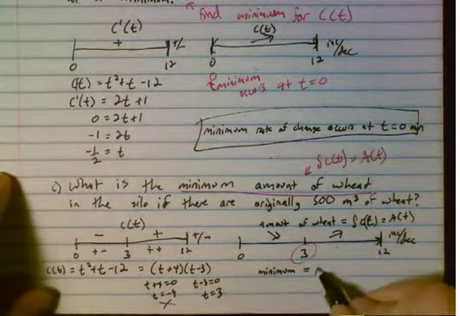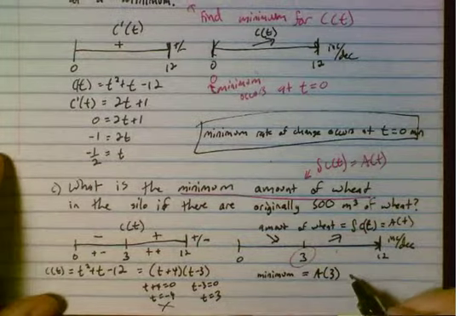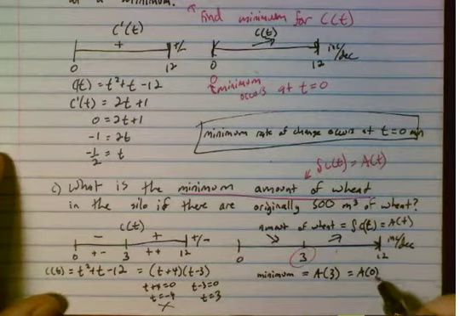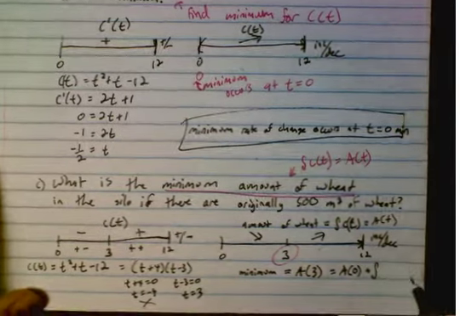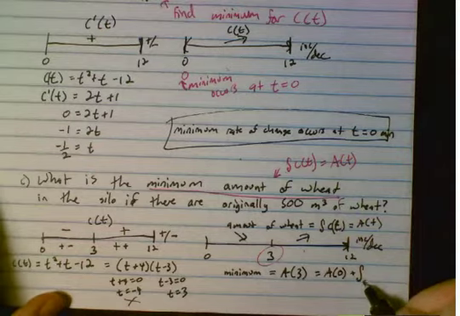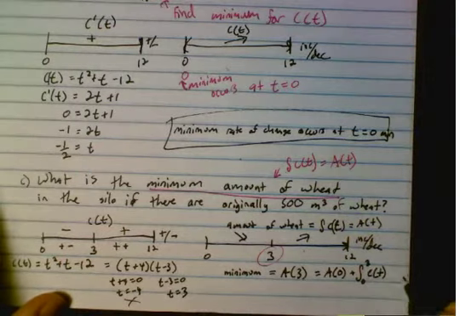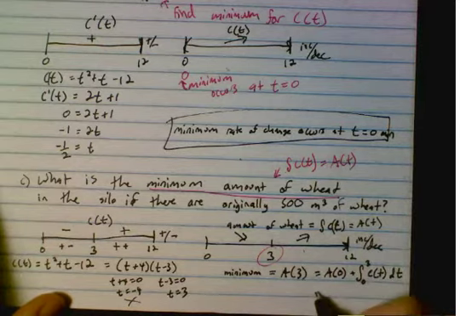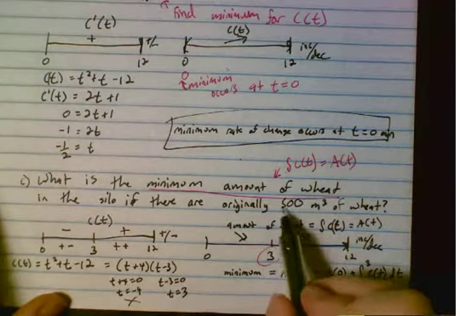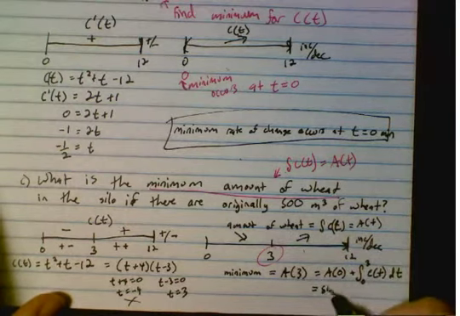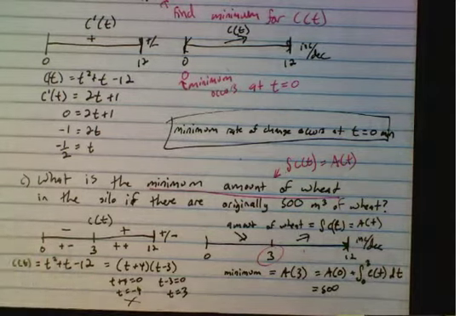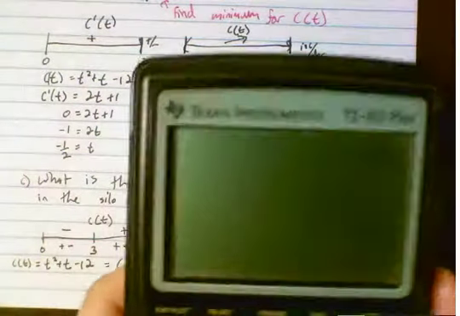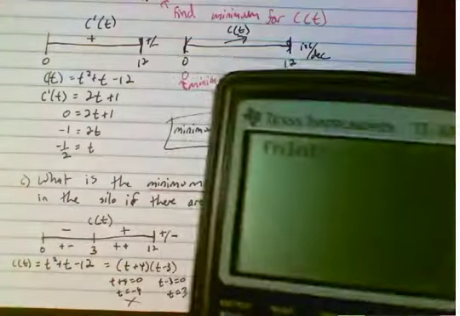So the minimum is going to be A of 3, and that is the starting amount plus the integral of its derivative from 0 to 3. Its derivative is C of t. And we're told that there are originally 500 cubic meters. Then we can just grab our calculator. This is one that we could do by hand, but if we have a calculator, might as well use it.